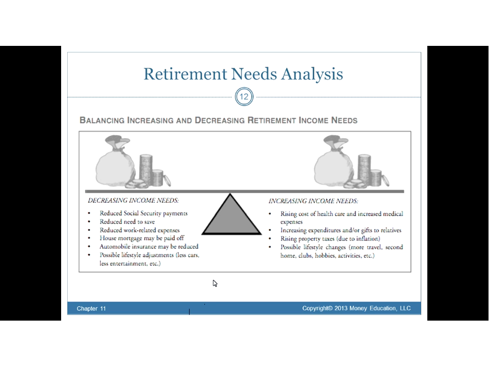At some point in retirement, if not before, most people will have their mortgage paid off, and auto insurance may be reduced if you drive less. A married couple, because they drive less, may need to buy cars less often.